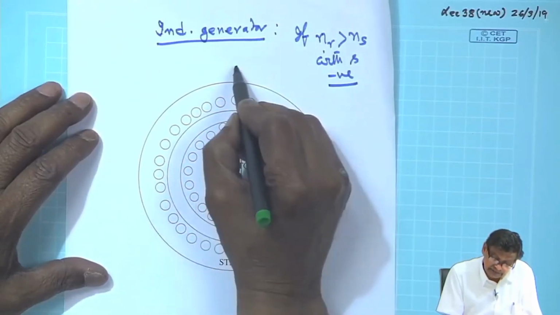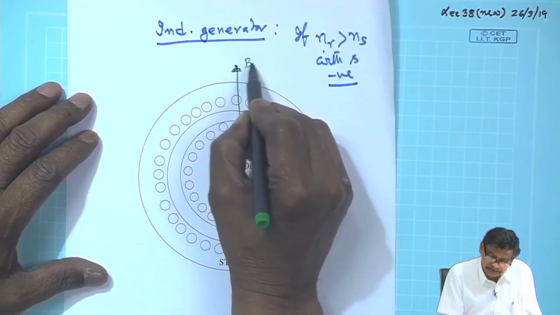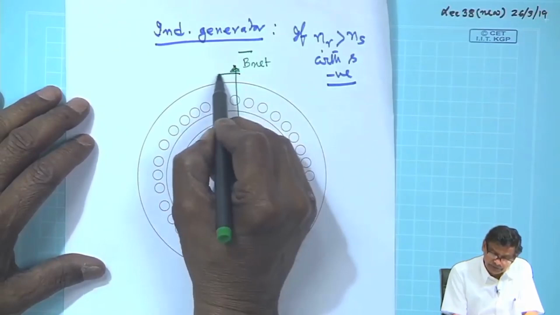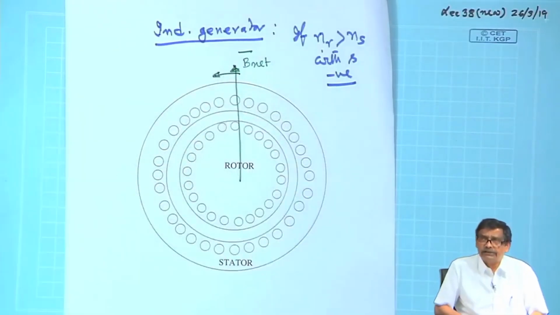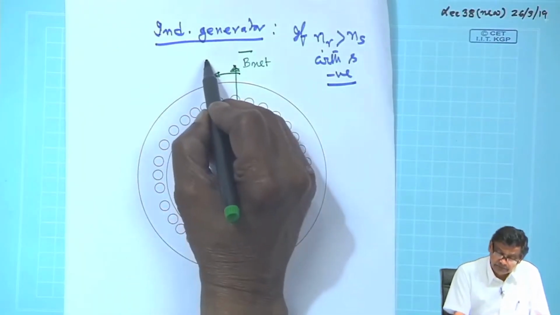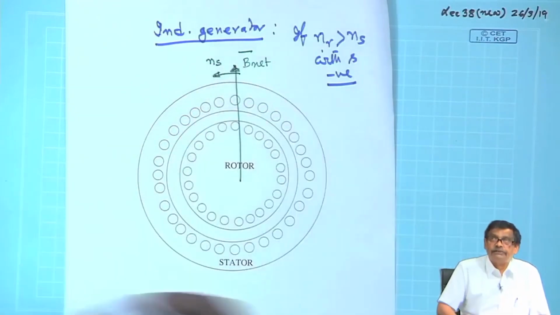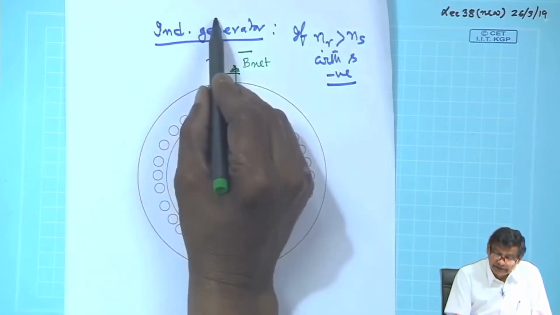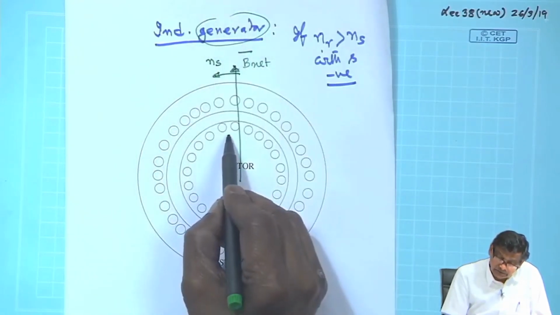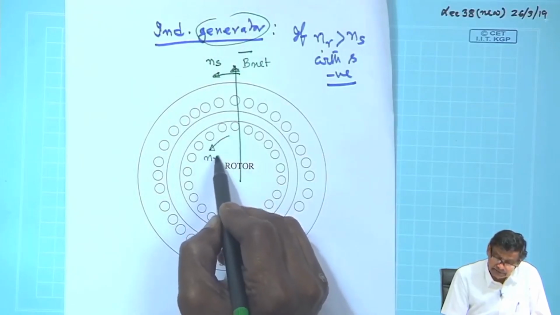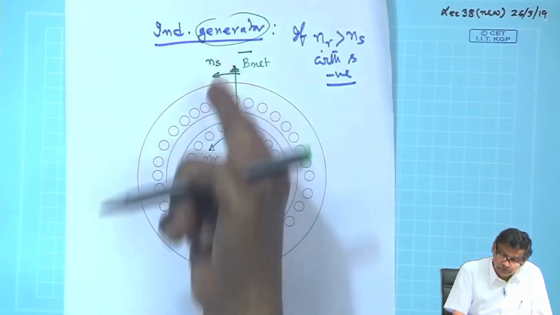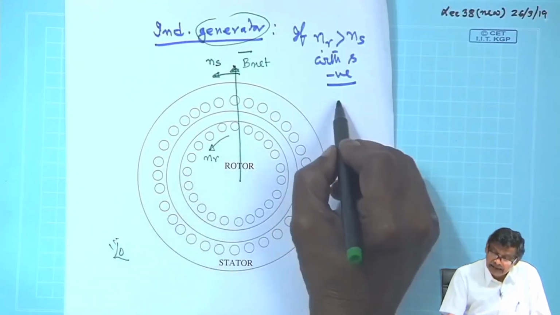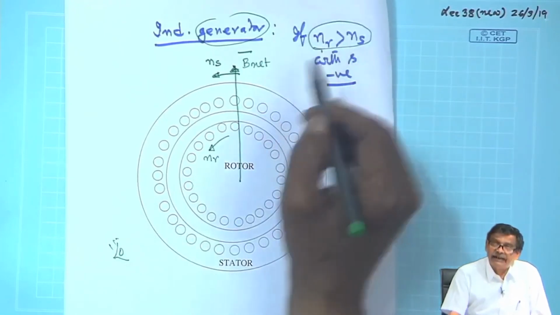Suppose this is the net field, B net, it will be like this, and of course, no matter whether it is generator or motor, with respect to a stationary observer it must be moving with the synchronous speed n s in the clockwise direction. Since it is operating as a generator, the rotor is also moving at n r, with respect to a stationary observer, and this time n r is greater than n s.